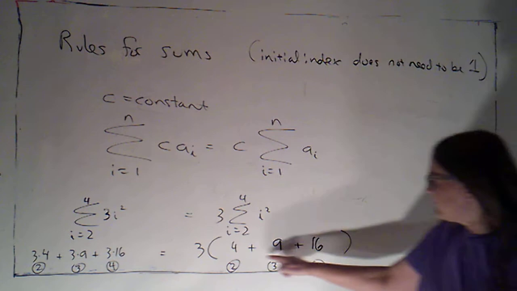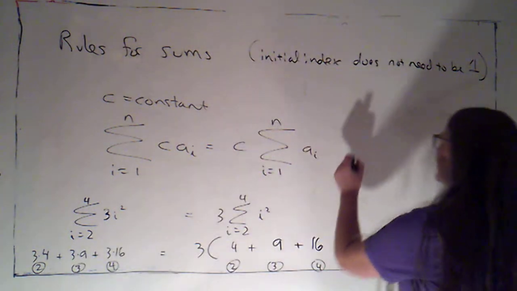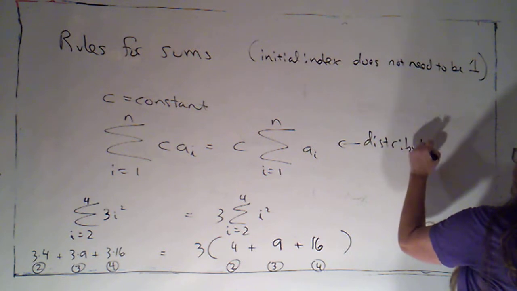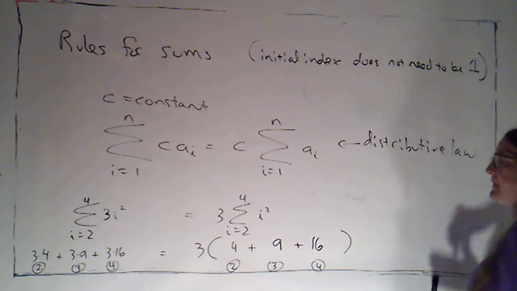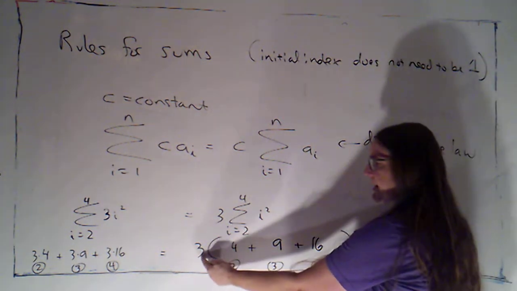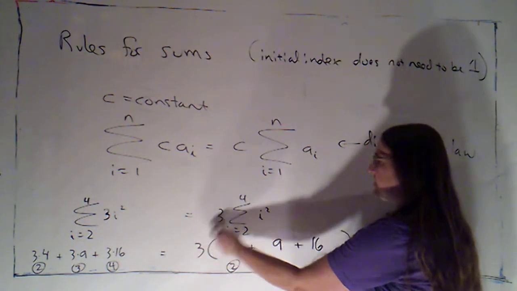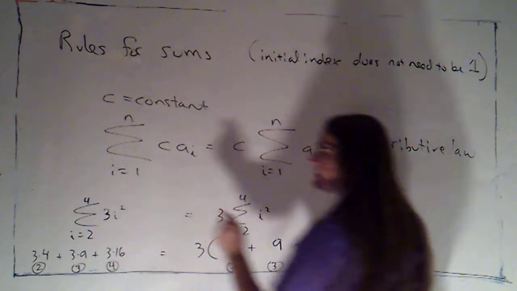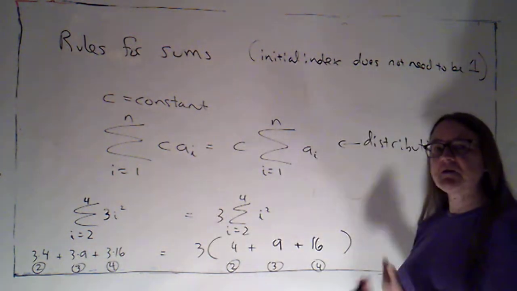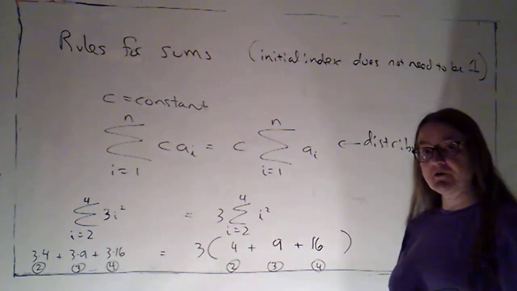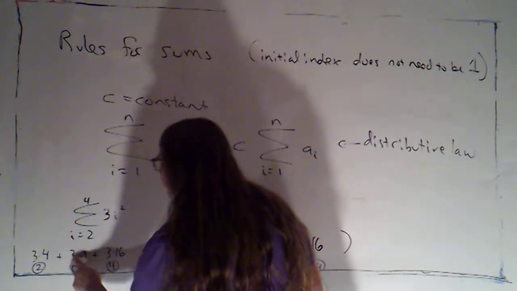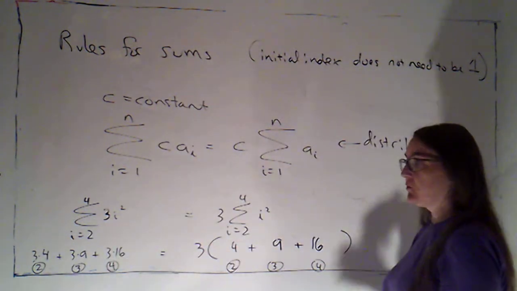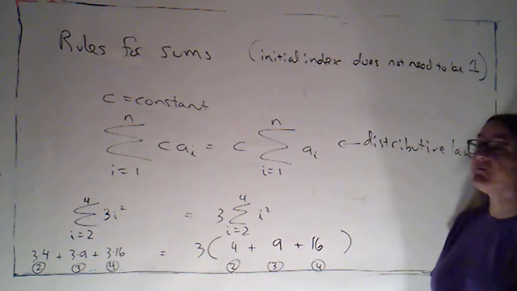Now if I look at what I've written here, I recognize that this is just the distributive law. The distributive law says, hey, if I've got a number on the outside, it's legal to distribute it to each term, so that I would get 3 times 4 plus 3 times 9 plus 3 times 16. Using the distributive law in the other direction, if I recognize that I have a common factor in each of the terms, I can factor it out, which is the direction that we'll most often be using it.